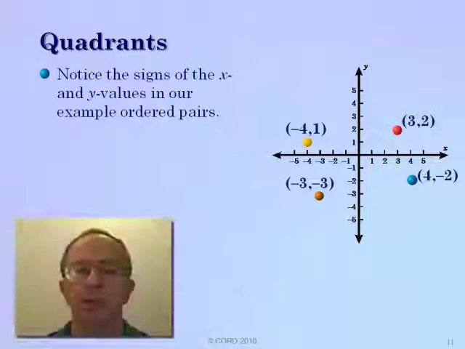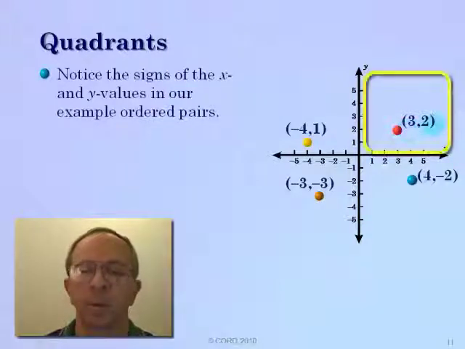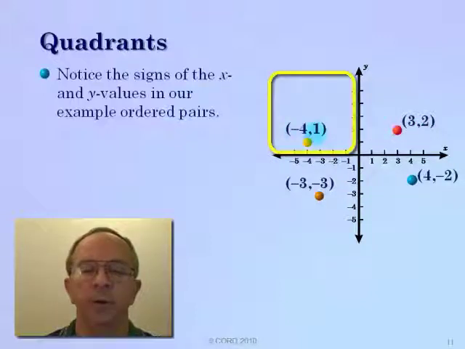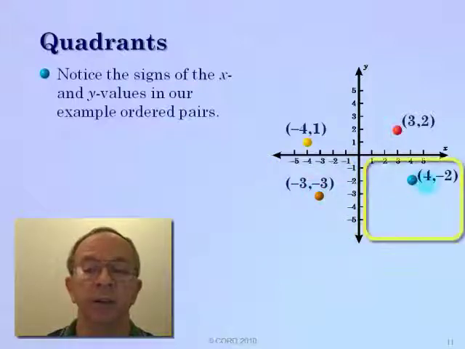Notice the signs of all the x and y values in our examples of ordered pairs. Both of them are positive here. Here we've got x's are negative and y's are positive. Here we have x's that are negative and y's that are negative. And here we have x's that are positive and y's that are negative.